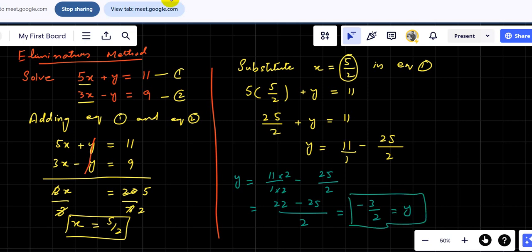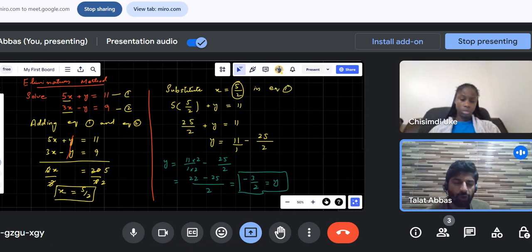You got it? Okay. So now this is the whole method to find any variables using the elimination method. Now you can recheck your answer as well, to see whether these values are correct or not. To recheck your answer, you just need to put these values of x and y in either of the equations and check whether the left hand side and the right hand side are equal or not.